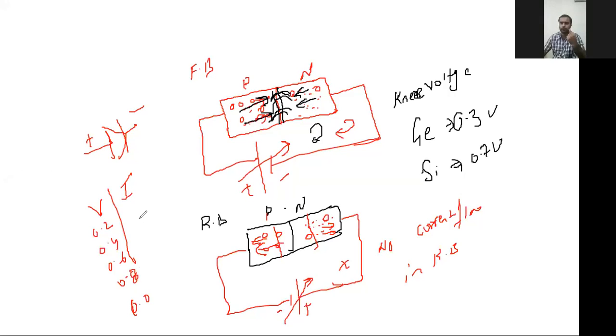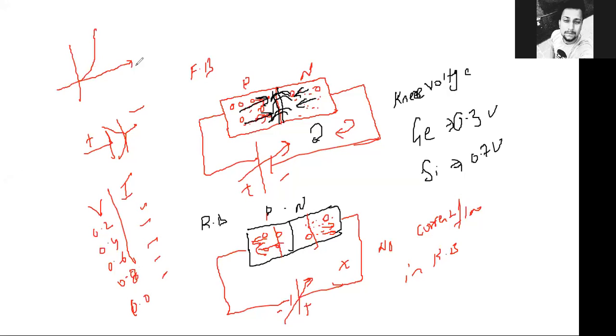We can observe the value of current at each point. With the help of these values, we can plot a graph just like this. This is the graph of forward bias. Here is voltage, and here is current. And this is reverse bias. This is the VI graph of the PN junction diode.